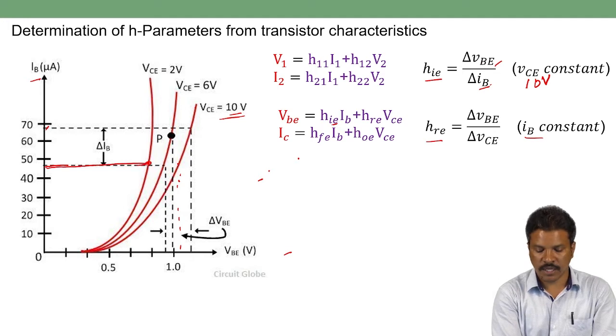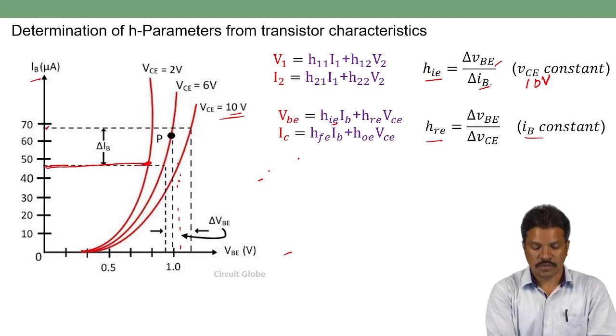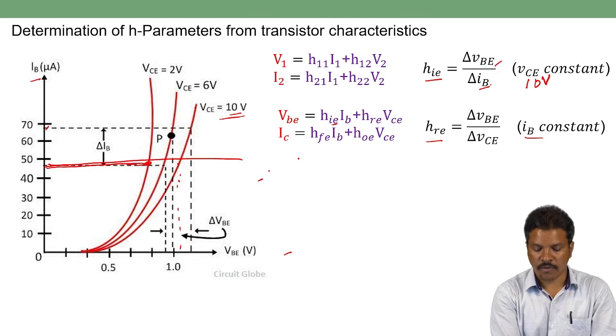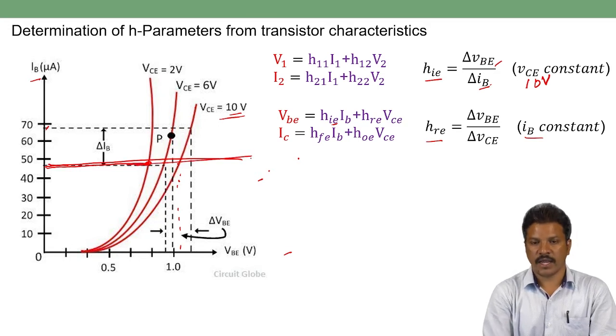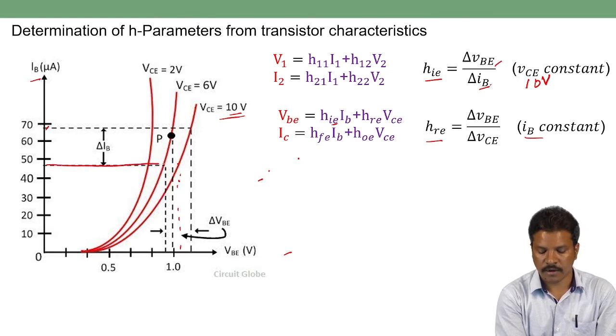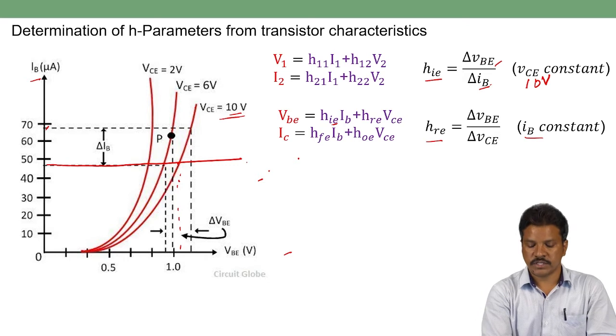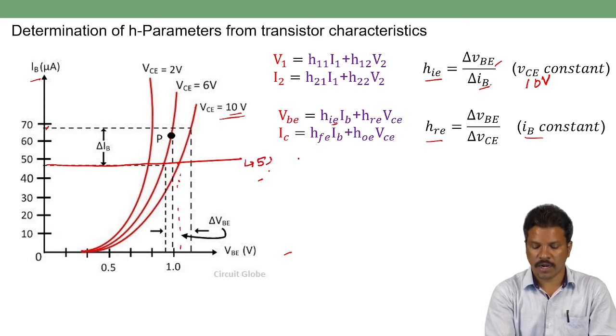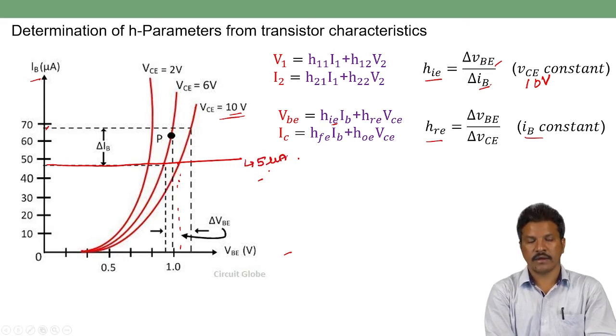Take the 45 microampere current line. This line represents the 45 microampere line in the input characteristics.